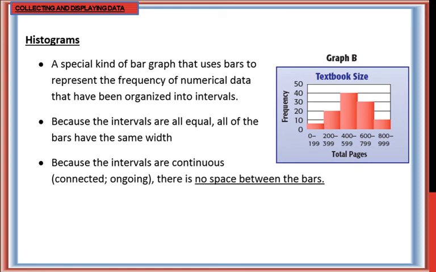You can see the histogram here: 0 to 200, then 200 to 400, so this is continuous. Then 400 to 600, 600 to 800, 800 to 1000, like that. There is no space between the bars because the intervals are continuous.